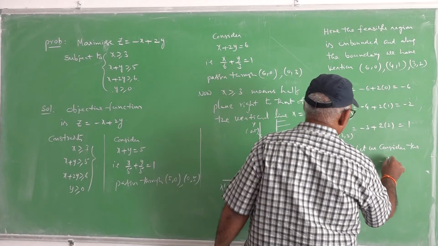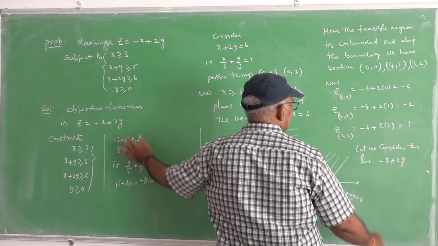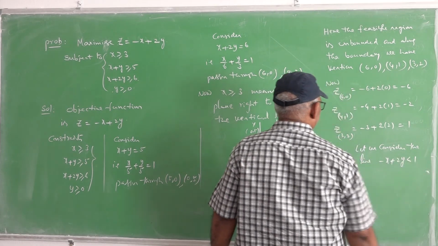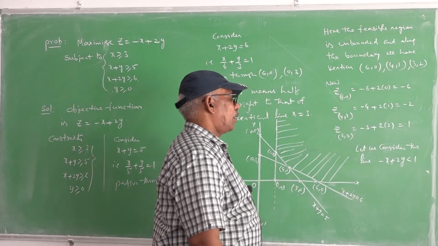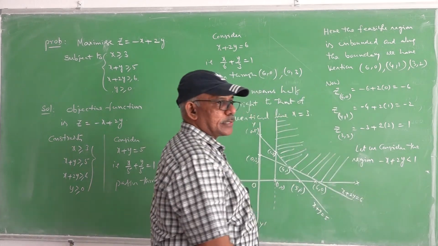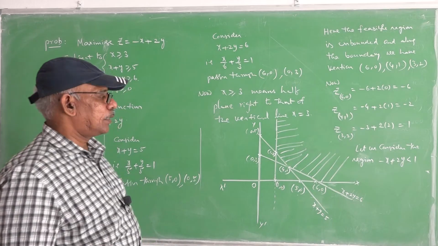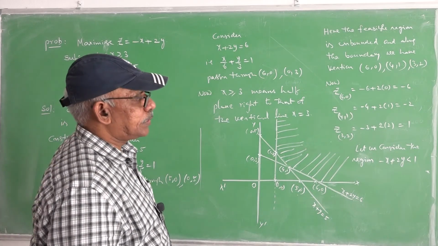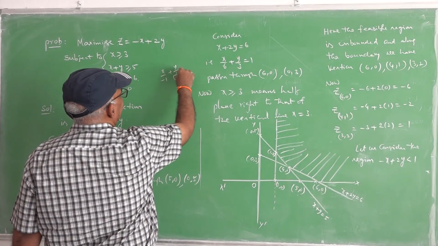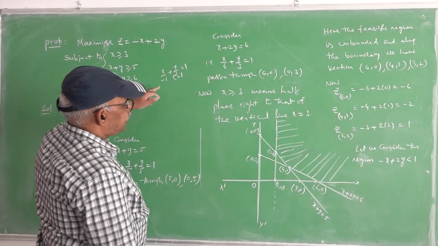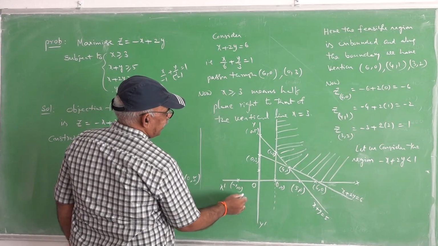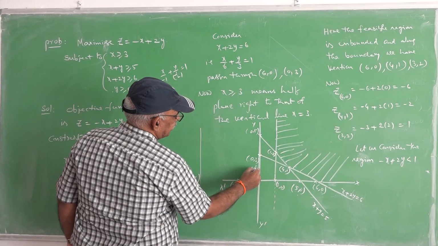Let us consider the objective function, minus x plus 2y less than 1. Let us consider the region minus x plus 2y less than 1. That line is x by minus 1 plus y by 1 by 2 equal to 1, which passes through minus 1 comma 0 and 0 comma 1 by 2.